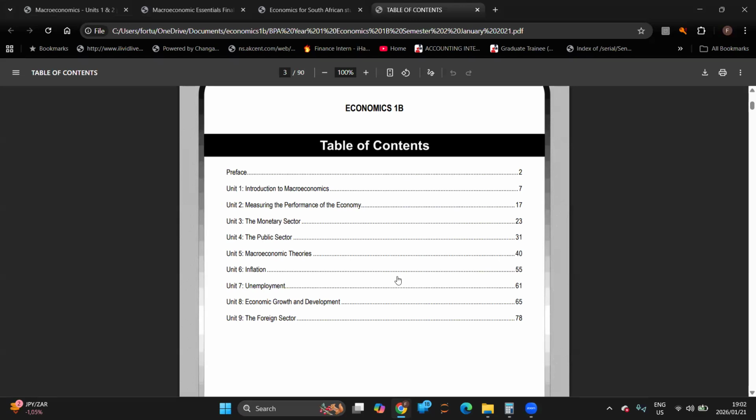For macroeconomics, we are going to be looking at the study guide that is made up of 9 units, which we are expected to cover in full before getting to our exams. In between, you'd also be having your KCQs, which are your knowledge check questions, which will be examining you on various aspects of the subject.